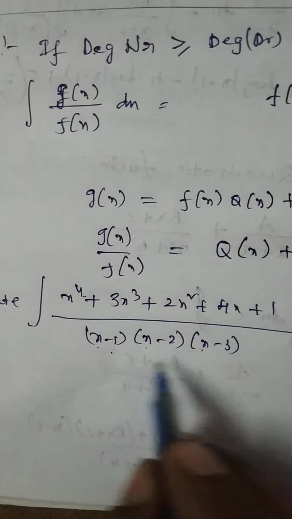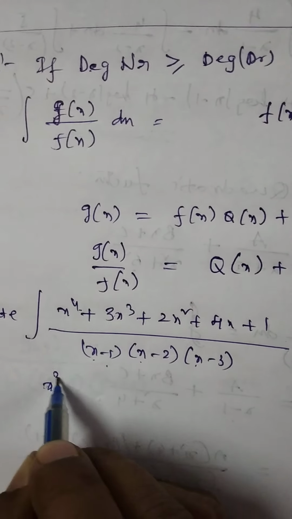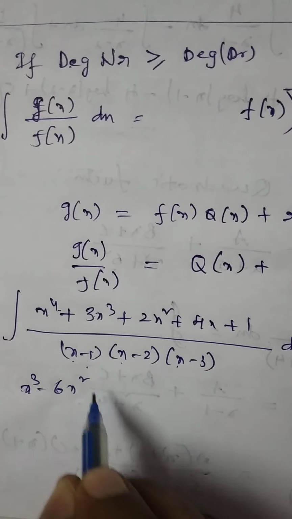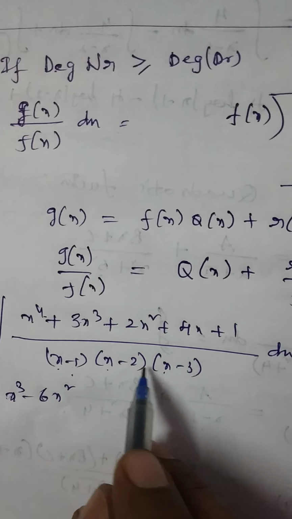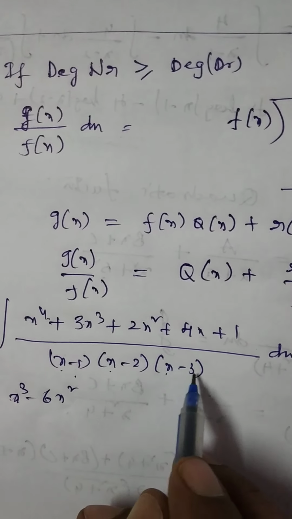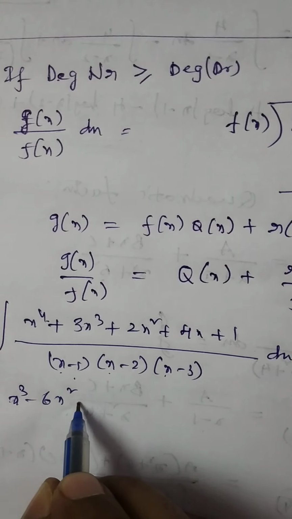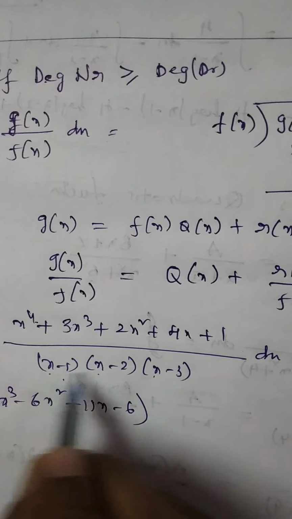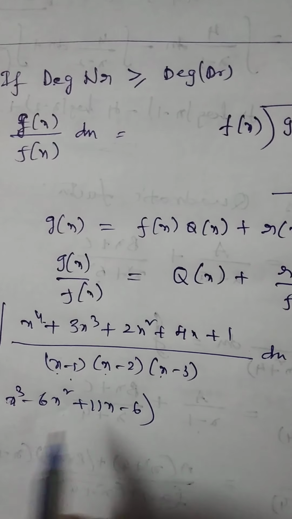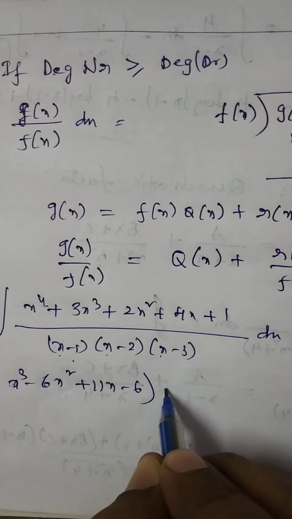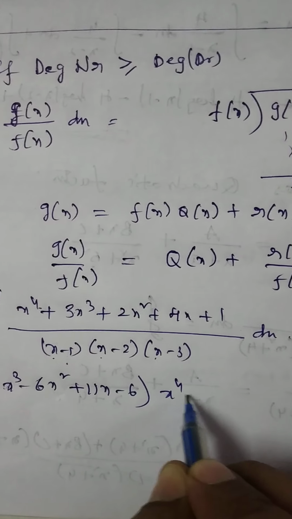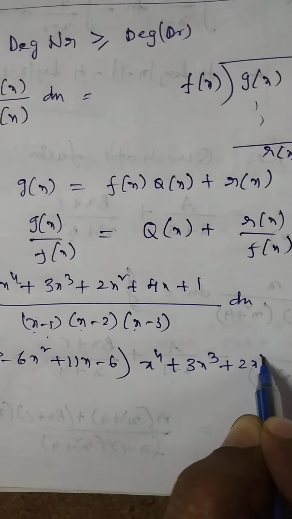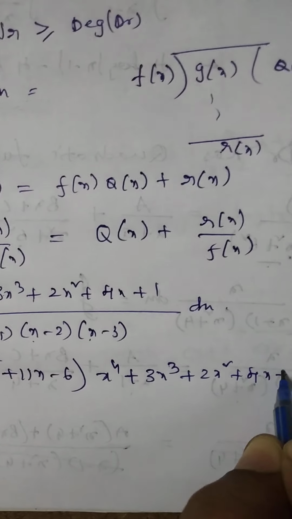So on multiplying the denominator, what are you going to get? x cube minus 6x square plus 11x minus 6, since 2 threes are 6, plus 11. On multiplying this completely I get this. With this we have to divide the numerator, that is x power 4 plus 3x cube plus 2x square plus 4x plus 1.